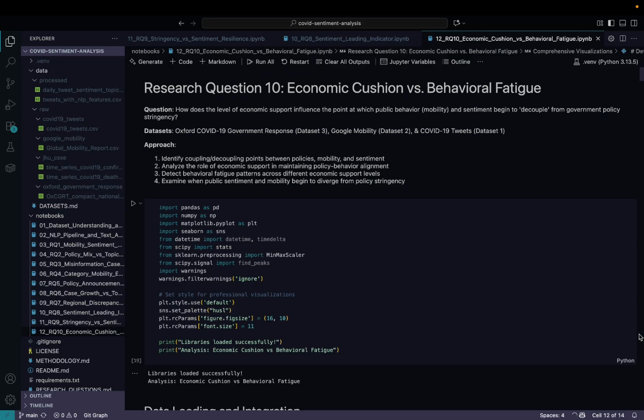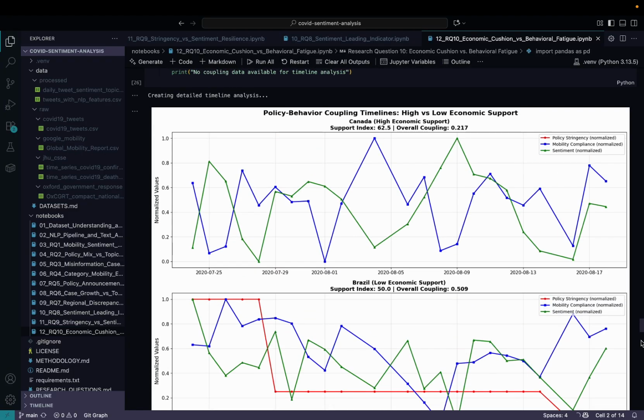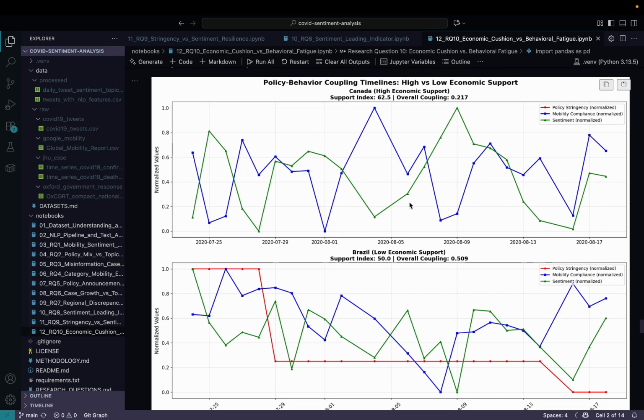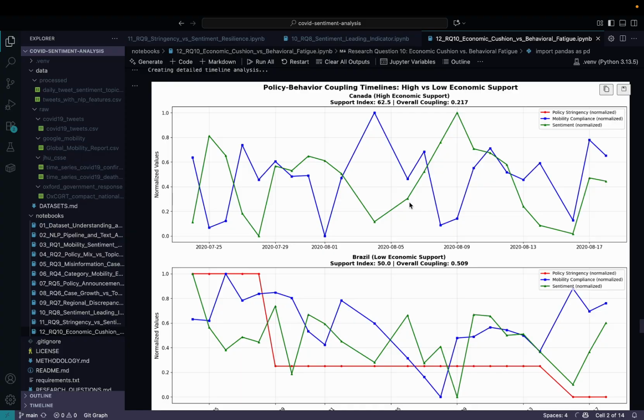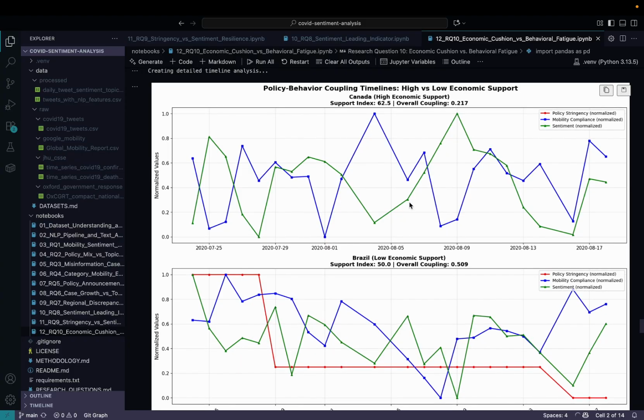Moving on to the visualization, we have a multivariable line plot with coupling matrices. The legend shows a red line for policy stringency, a blue line for mobility compliance, and a green line for sentiment. Here we have visualized Canada, with high economic support, and Brazil, with low economic support.